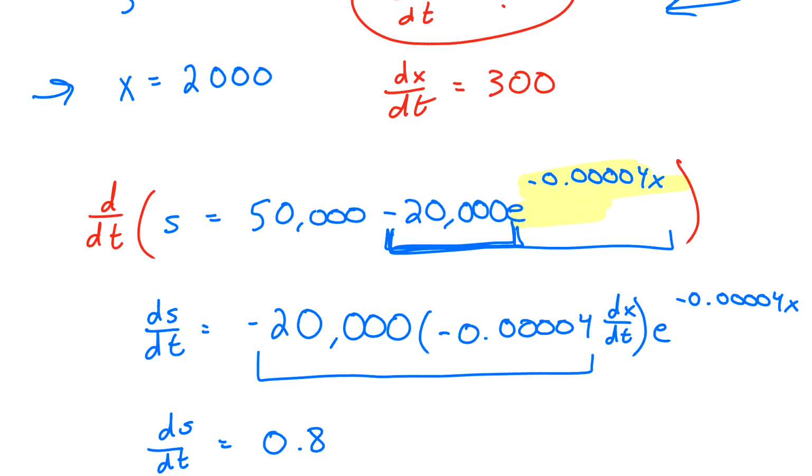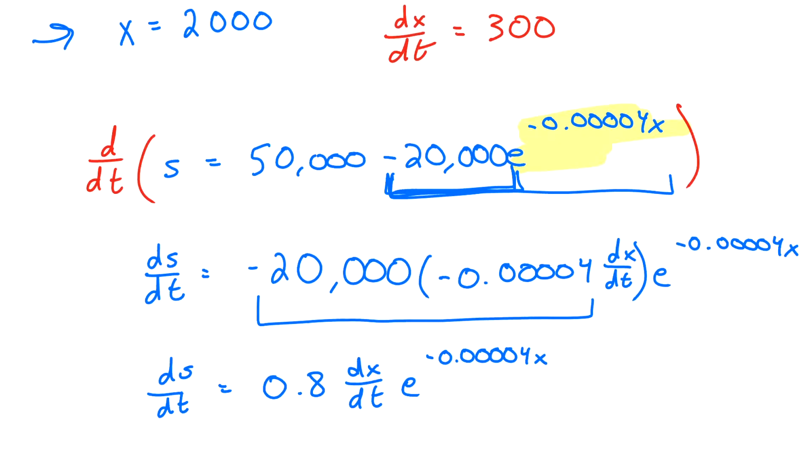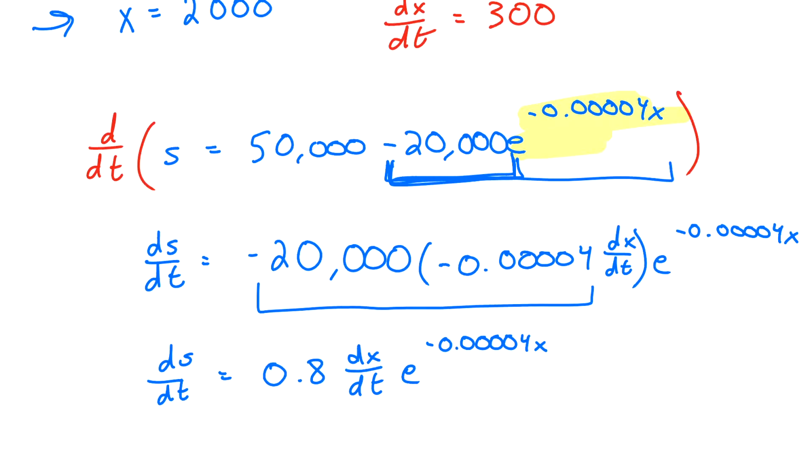We can't forget that. So 0.8 times dx over dt times e to the negative 0.00004x power. And so now at this point, this is our derivative. We've simplified it as much as we can.